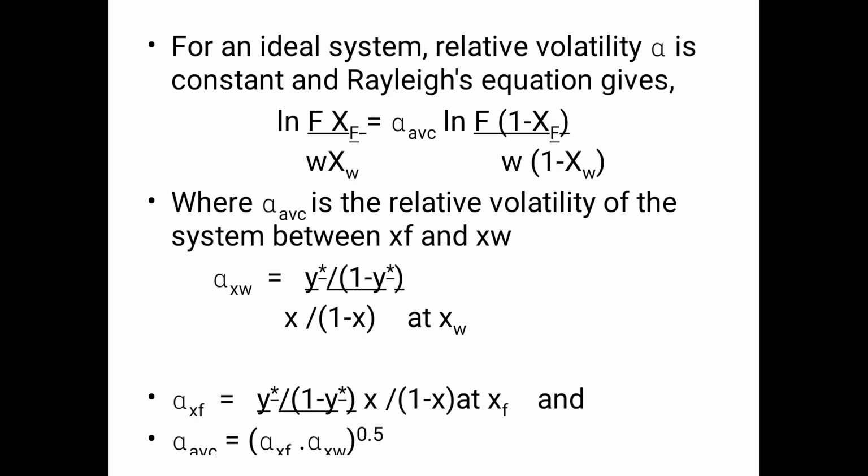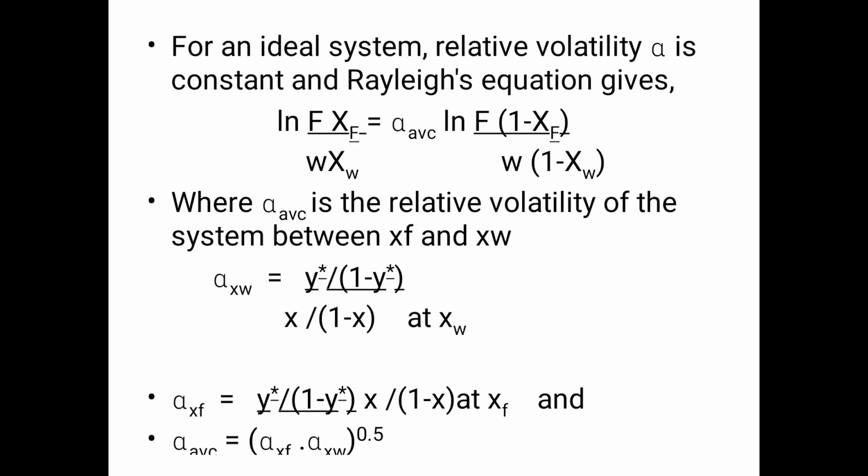It is equal to 1 by (alpha AB average minus 1) times ln of F into (1 minus xF) divided by W into (1 minus xW), where alpha average is the relative volatility of the system between xF and xW.